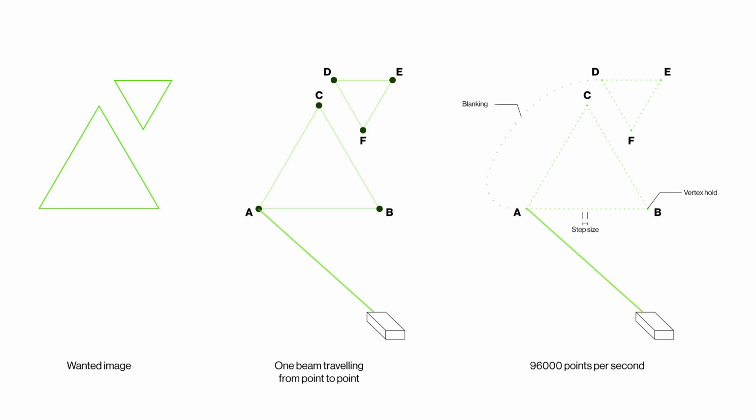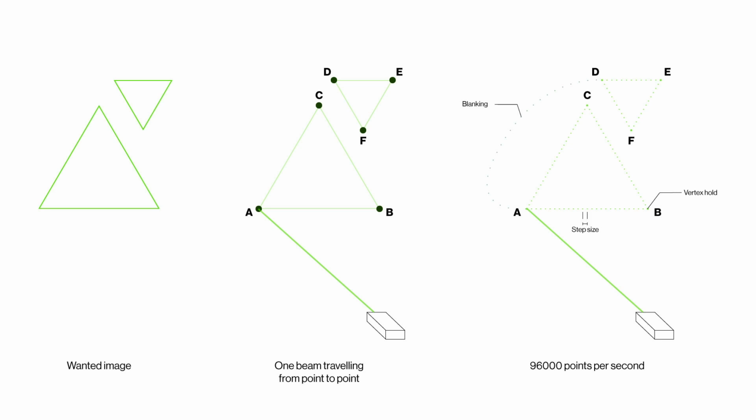So what you need to tell the laser is to stand still on, for example, point B, because otherwise you will get just curves in the corners because the laser just continues to travel to point C. So in these angles you want a nice and big vertex hold, so you get really nice pointy edges in a triangle.